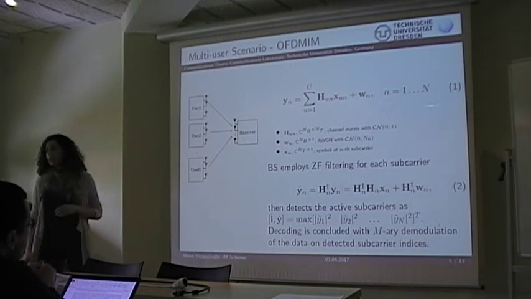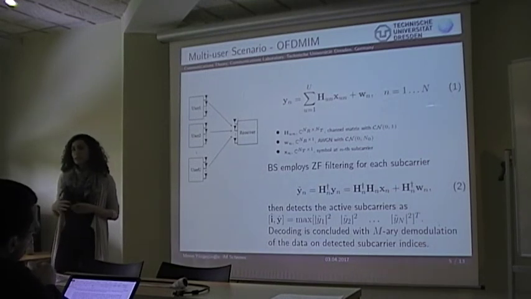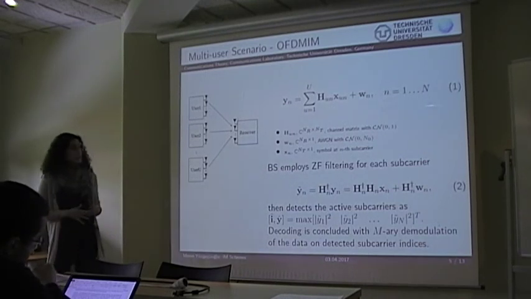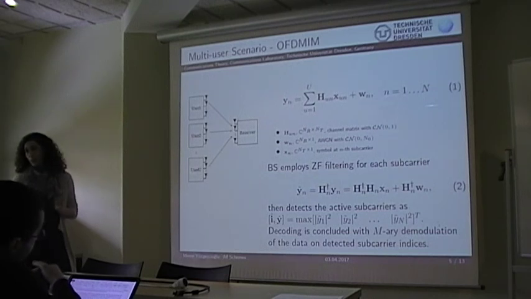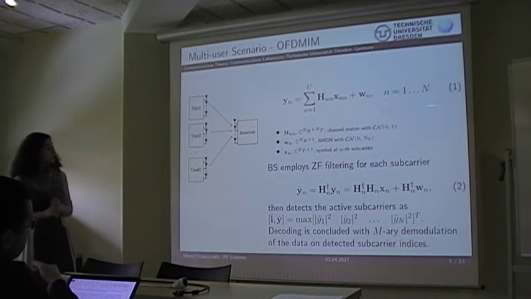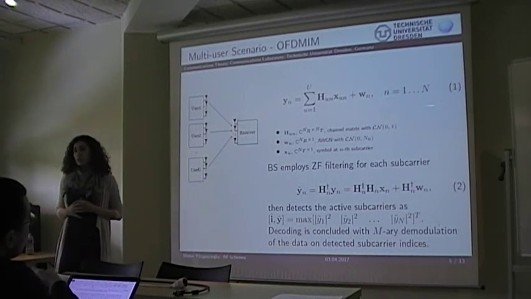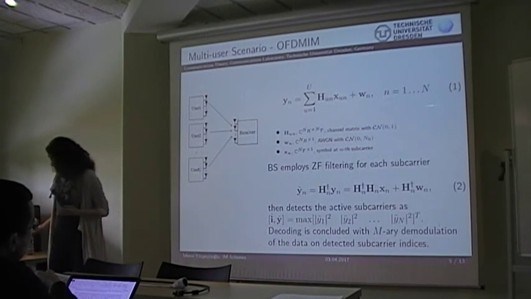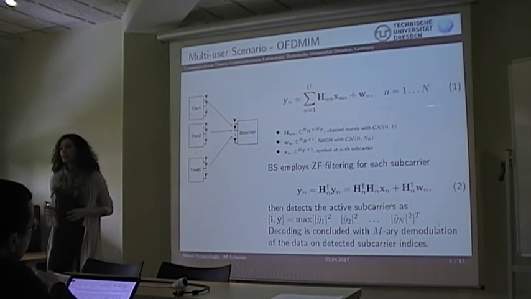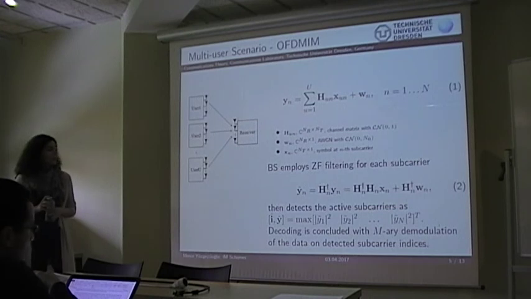Since we are using index modulation and not all the subcarriers are active, it is possible that X will be 0 here. And the receiver uses zero forcing filtering to detect the active subcarriers and M-ary modulated data.